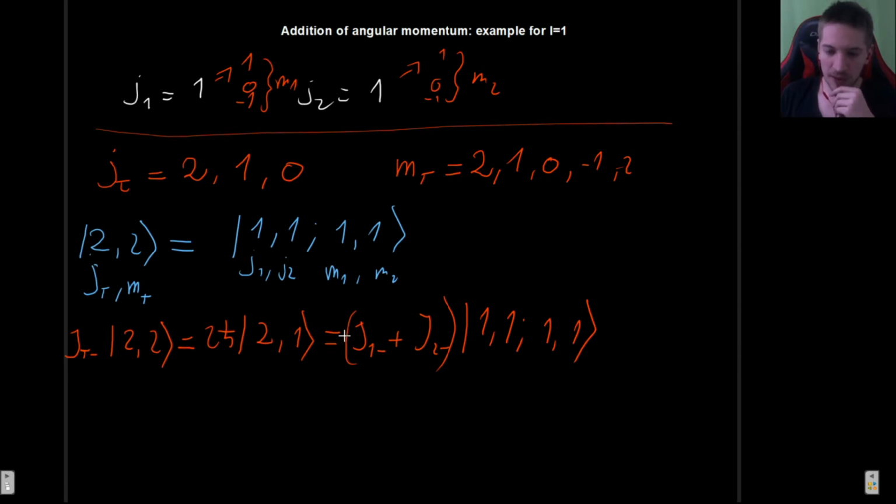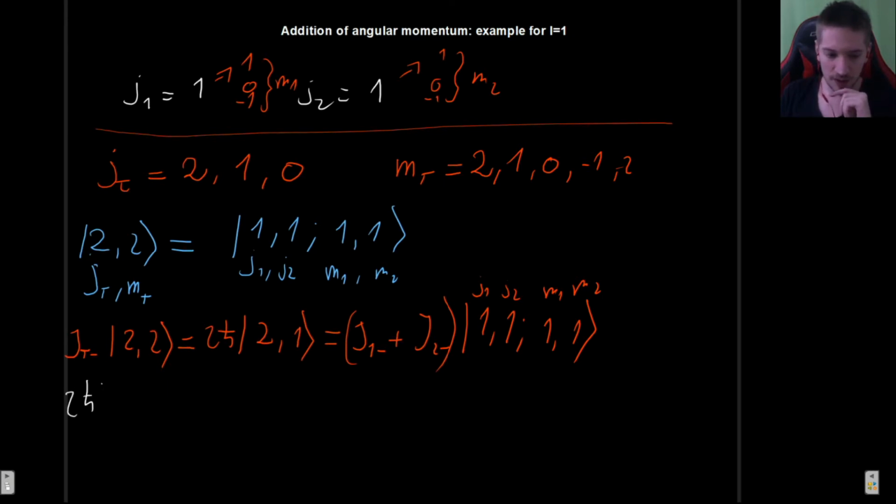And of course, the one with 1 only acts on the values for the first particle, so on M1, it does not touch M2. And similarly, J2 minus does not touch M1. Be very sure that you respect that.